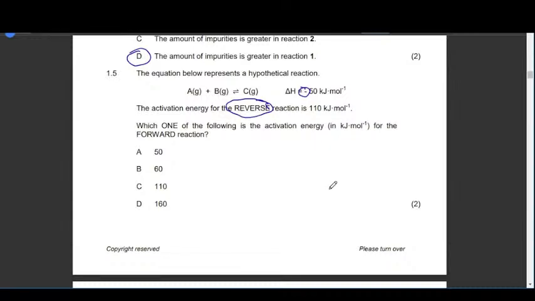Okay, let's try to describe this, because sometimes students tend to fail this question. So now, if the reaction starts from here, it goes up. For the exothermic reaction, the products must be lower in terms of energy because heat has been released.